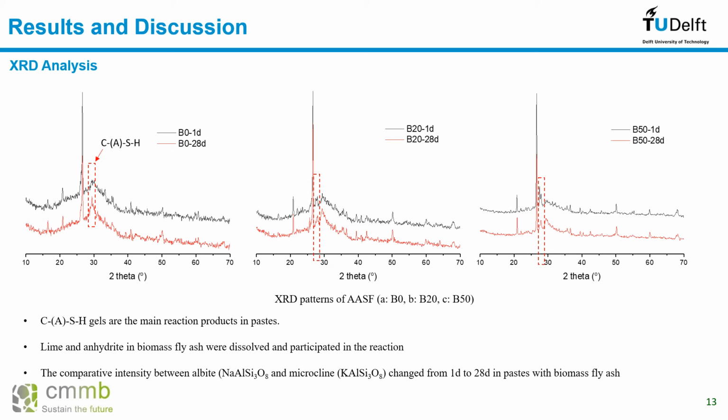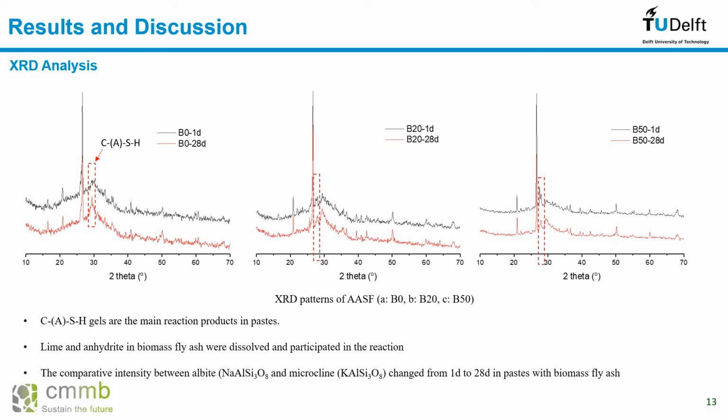And we did the XRD test to see the reaction products of the pastes, and we find that C-S-H, of course, is the main reaction product in all the pastes. And the lime and anhydrite that come from the biomass fly ash were not detected for B20 and B50 at 28 days, which means these minerals are dissolved and participated in the reaction.